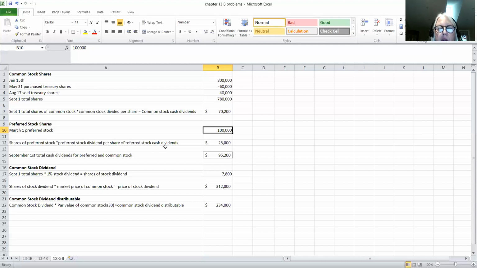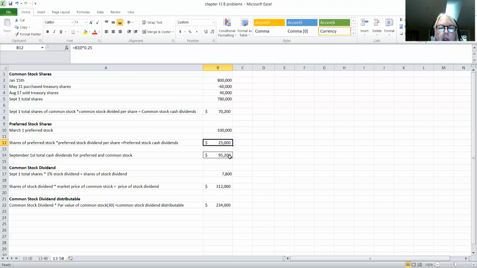So we took the 100,000, multiplied it by 25%, and that gives us $25,000 of dividends that we're going to give to our preferred stockholders.